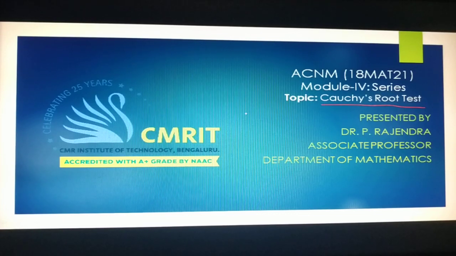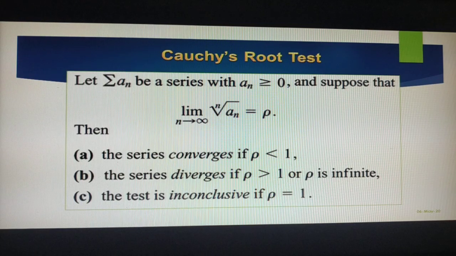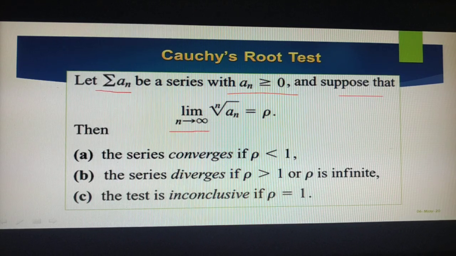The statement of Cauchy's nth root test is as follows. Let summation an be a series with an greater than or equal to 0, and suppose that the limit as n tends to infinity of the nth root of an is equal to rho.